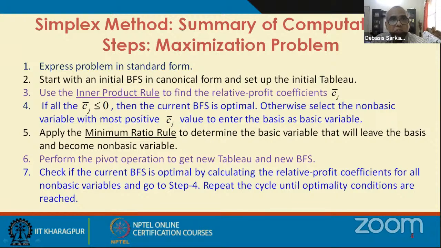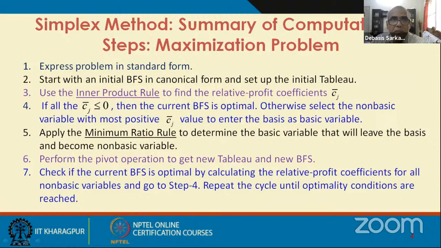First thing we do is express the linear programming problem in standard form. Then we start with an initial basic feasible solution in canonical form, and then we can set up the initial table. Now we use the inner product rule to find the relative profit coefficient Cj bar.